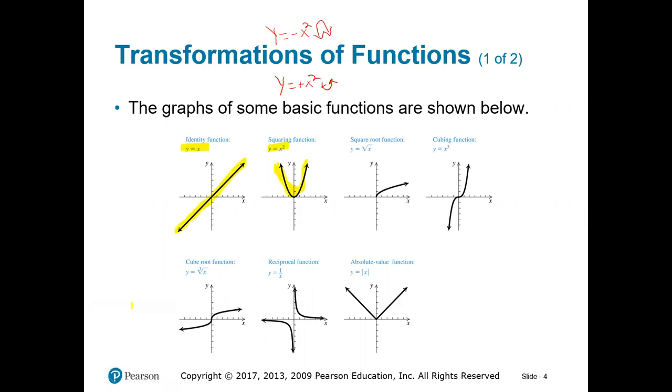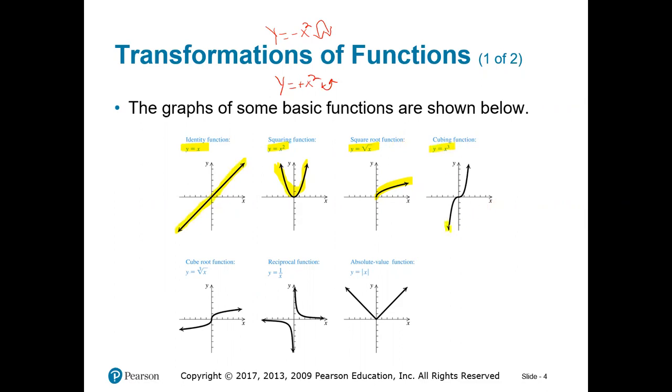Now, we have y equals the square root of x. We're going to get some value depending on what's inside, and right now it's just x. So that means x is greater than or equal to 0, and all values from 0 and out will make this function. Then I have y equals x cubed.